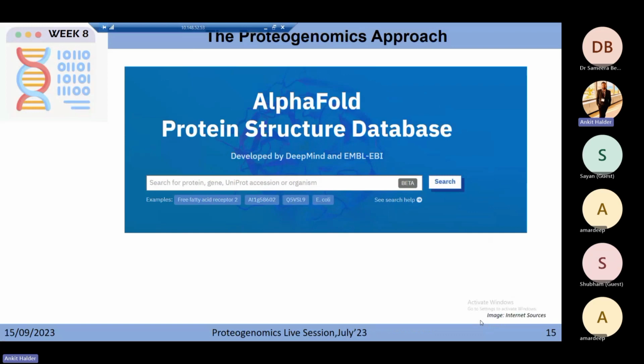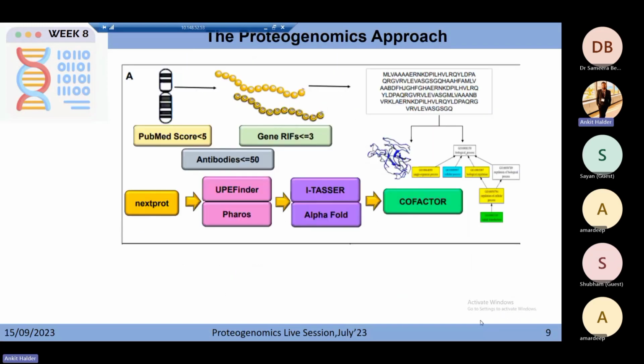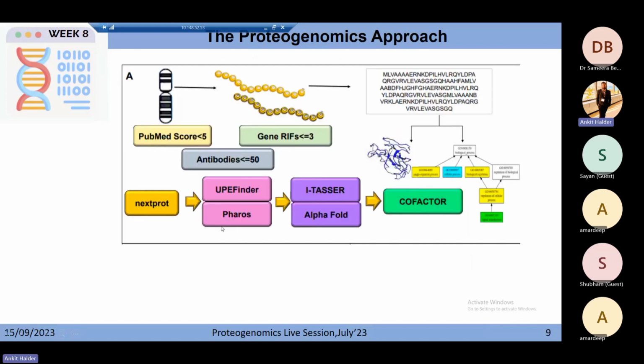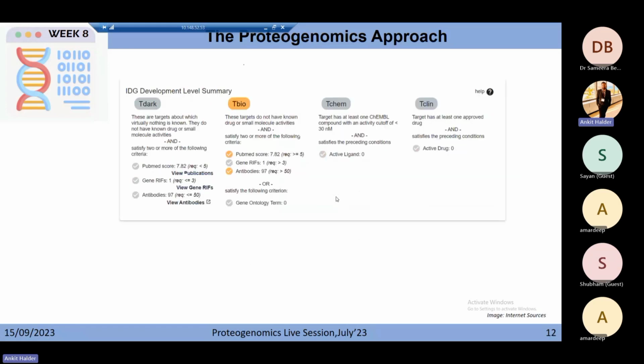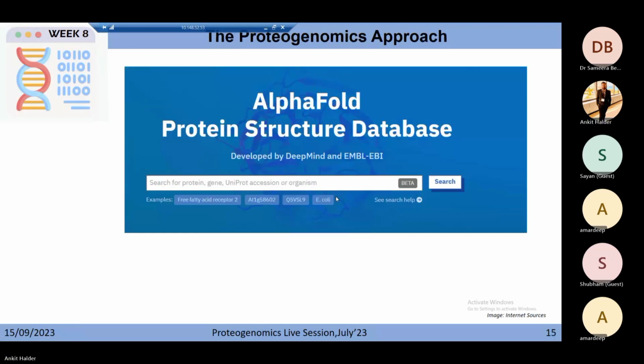So in the pipeline, you go to the sequences, then the prediction of the structure, since very little evidence is known, so we have to predict and get the structure. Obviously those structures are not present in PDB, and then finally we go for COFACTOR, or finding the gene ontology and those things.